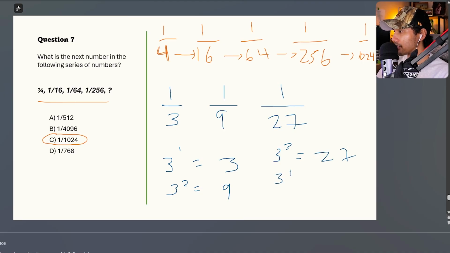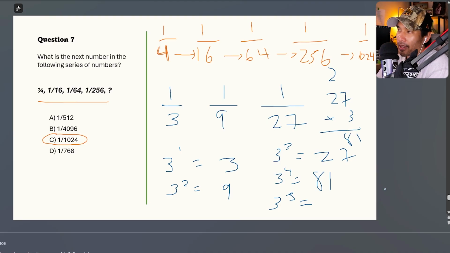What's 3 to the 4? It's just 27 times 3, which is 81. Oh my gosh, I don't know why I didn't know that, but 81. I think the harder one is 3 to the 5th, and it's 81 times 3, and then you would just figure that out.